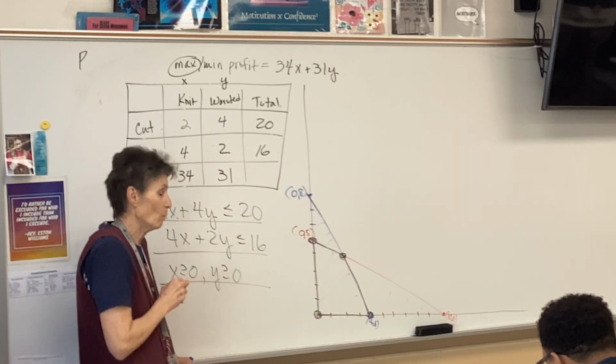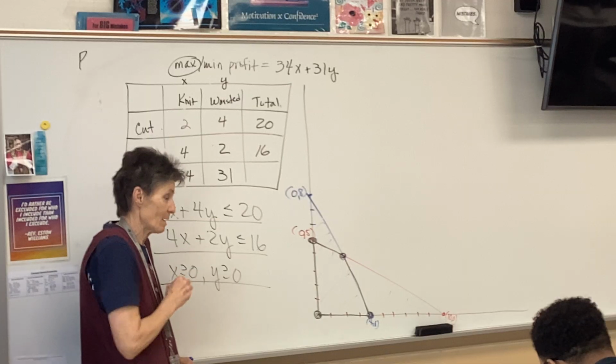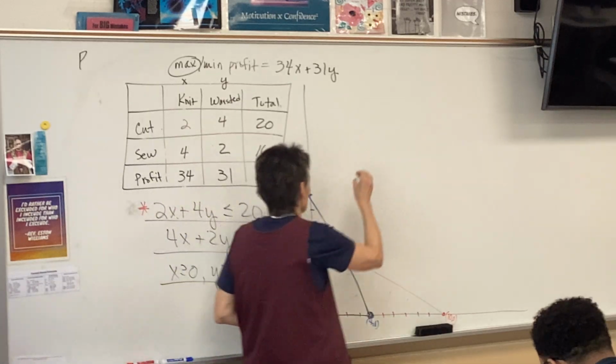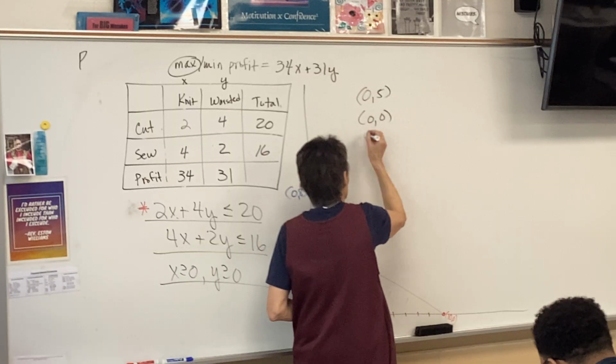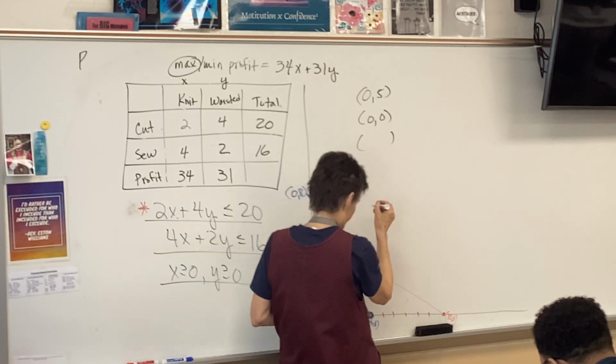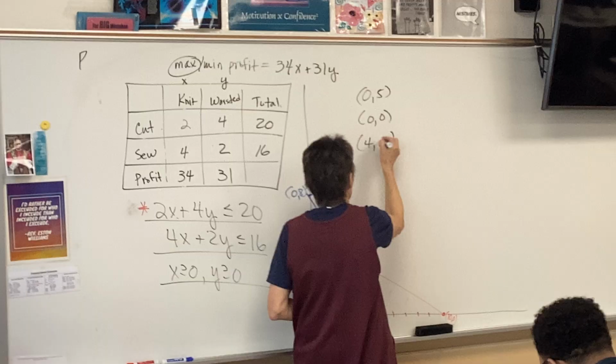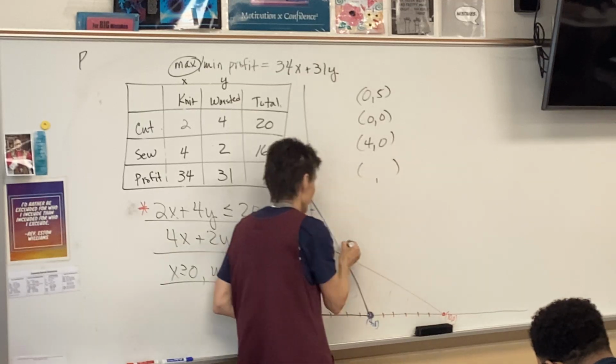So those are my points that I care about. So 0, 5. 0, 0, 4, 0, and something, right here.